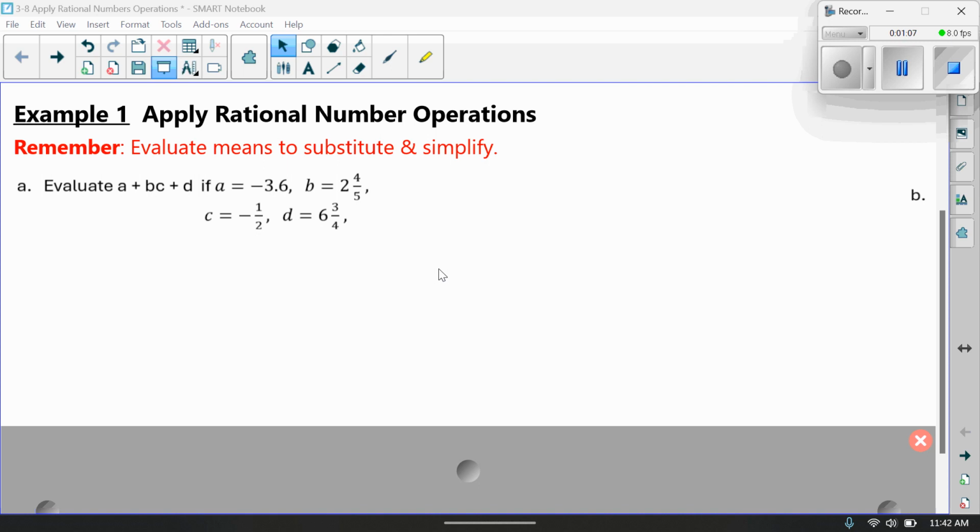So wherever there's an A, we're going to put in negative 3.6. Wherever there's a B, we'll put 2 4/5. Wherever there's a C, we're going to put in negative 1/2. And wherever there's a D, we're going to put 6 3/4.